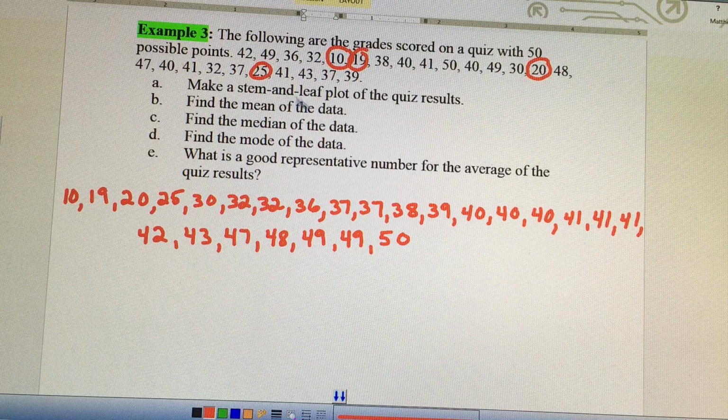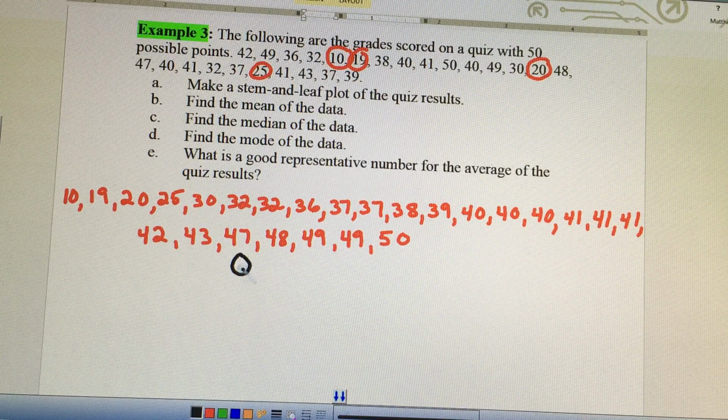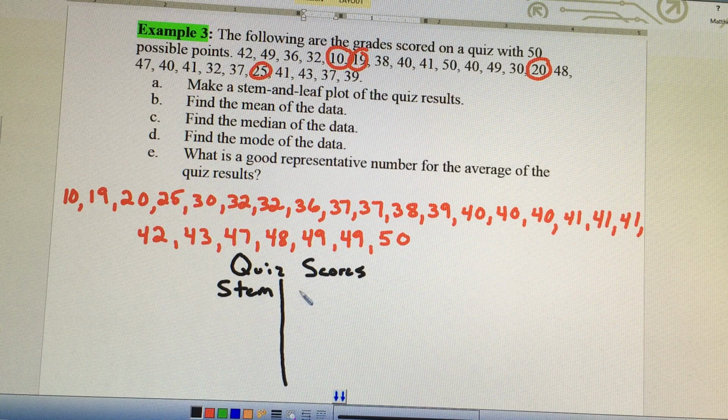As you get ready to make your stem and leaf plot, it's important to have all of these in order because we want to know what our stems are and what our leaves are. So I'm going to start making a stem and leaf plot right here, and label it quiz scores. Now I'm going to have a stem column and a leaf column.